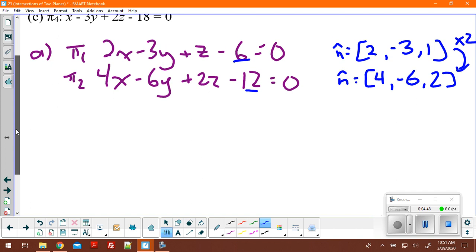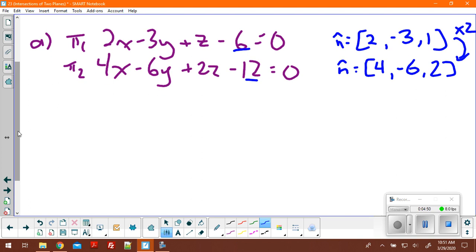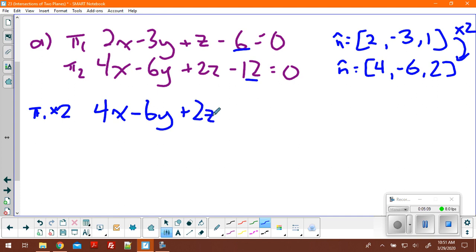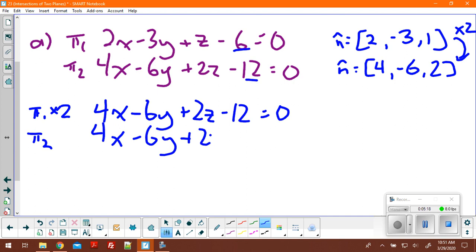it algebraically. The way we're going to approach this is by using elimination. I'm going to try to knock out variables. Just like I noted it was double, let's double that first equation. So pi 1 times 2 would give me 4x minus 6y plus 2z minus 12 equals 0. And my second plane is 4x minus 6y plus 2z minus 12 equals 0.